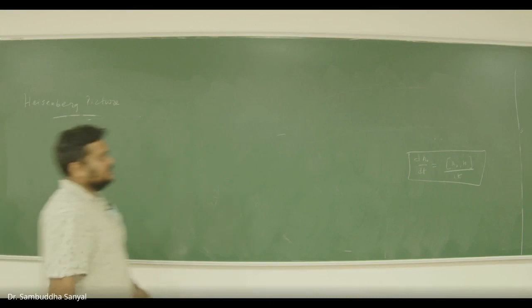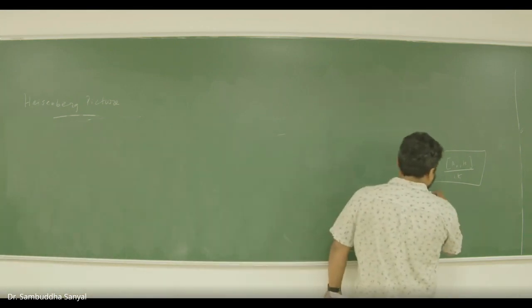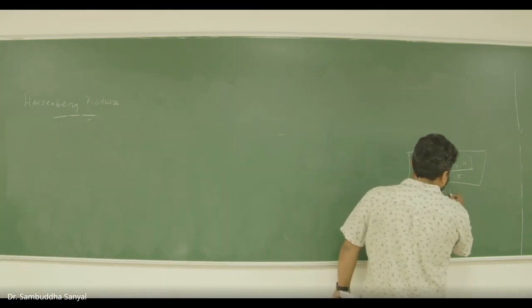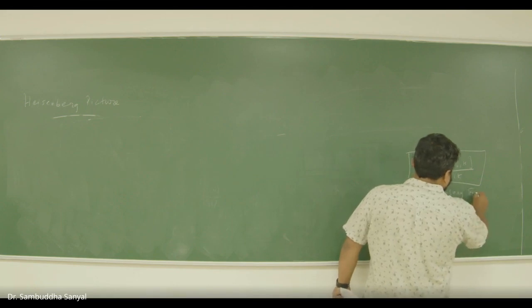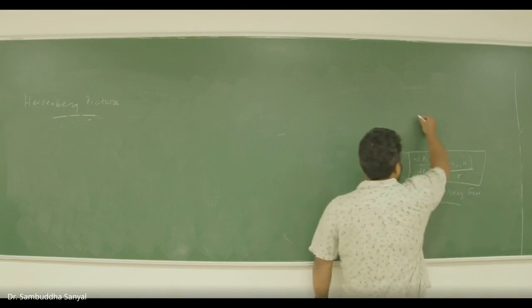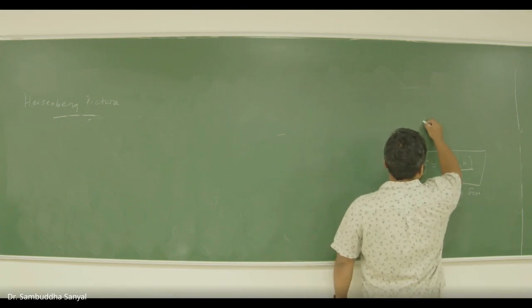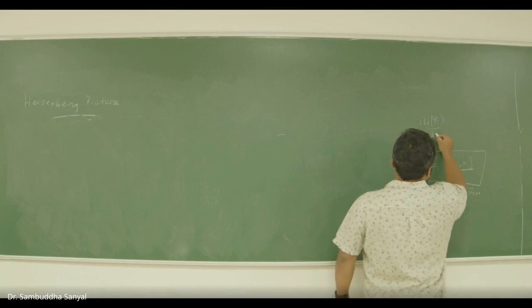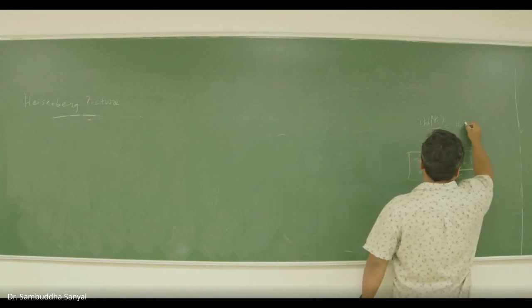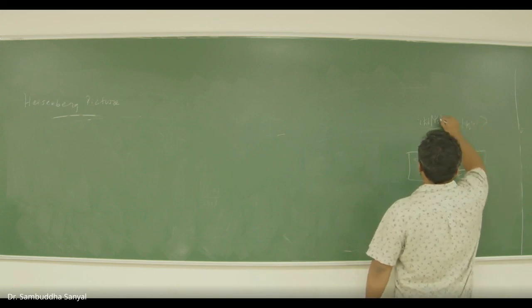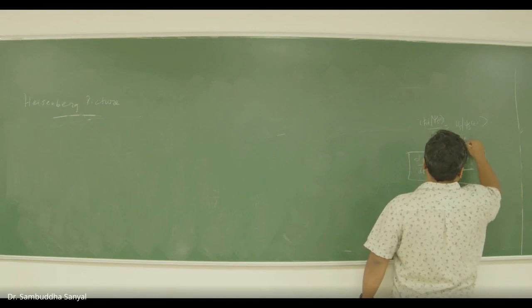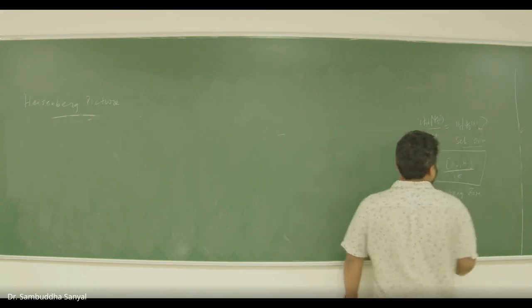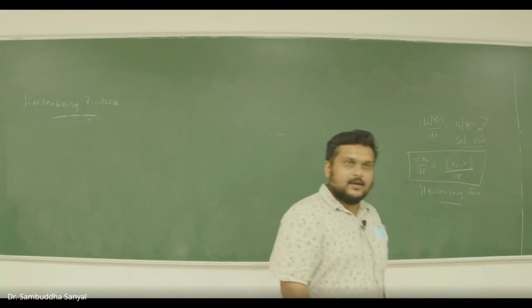This is called the Heisenberg equation of motion, which is the equation of motion of the observable. You can also put T here. This is the Schrodinger equation of motion of a quantum state, and this is for that of an operator.